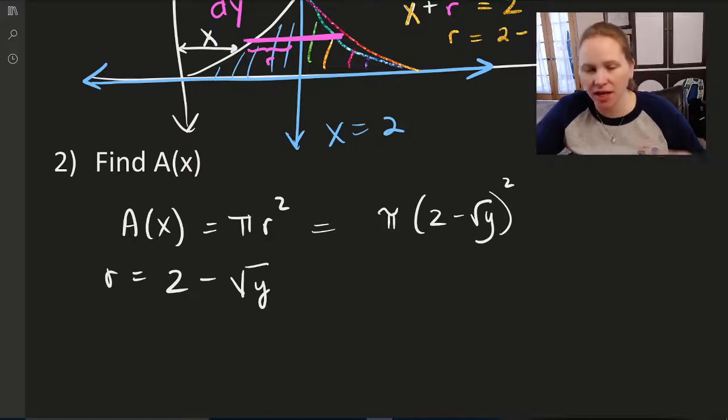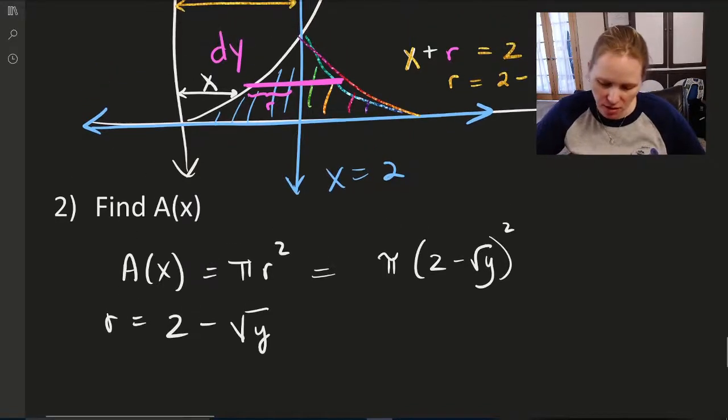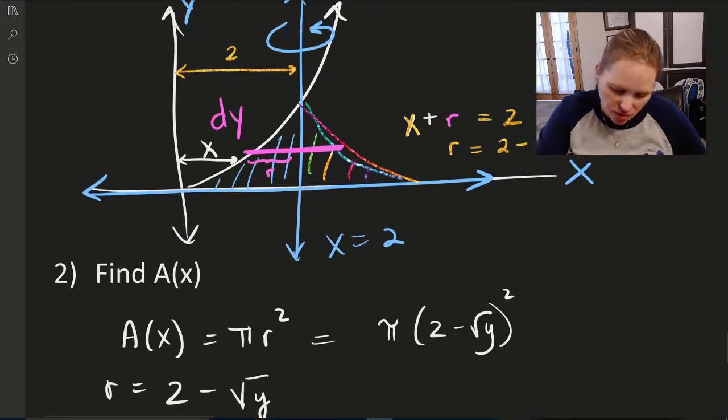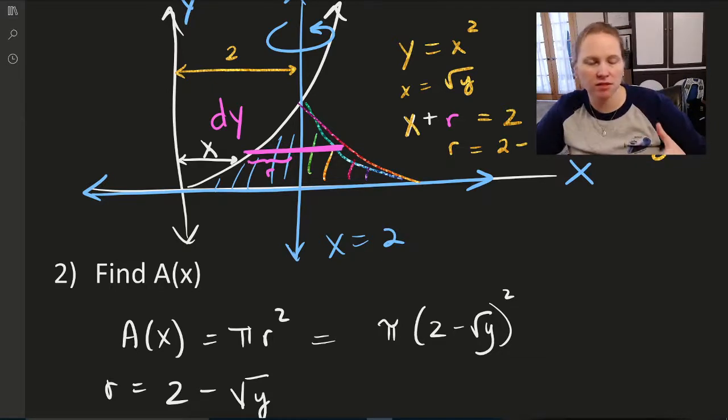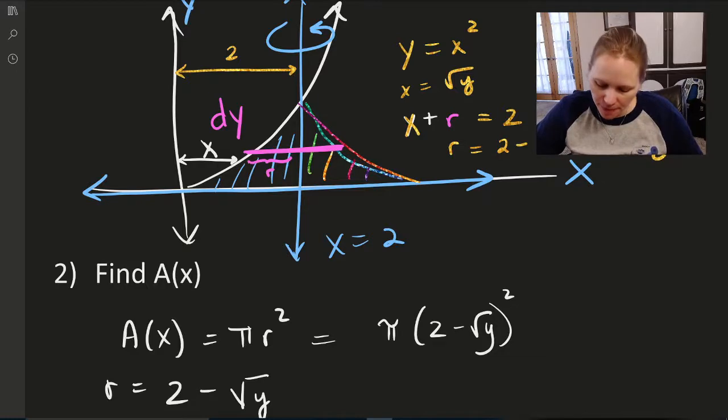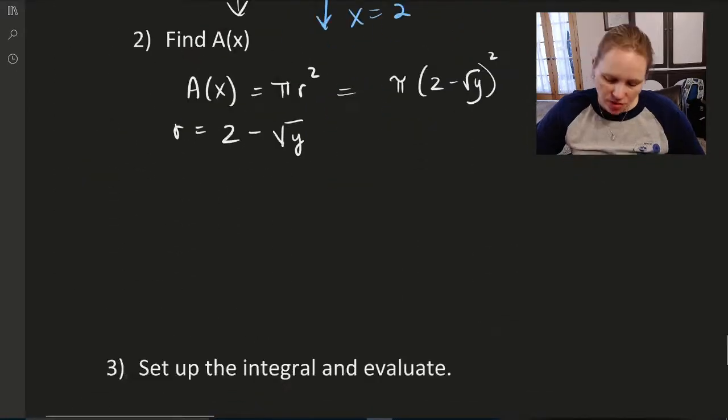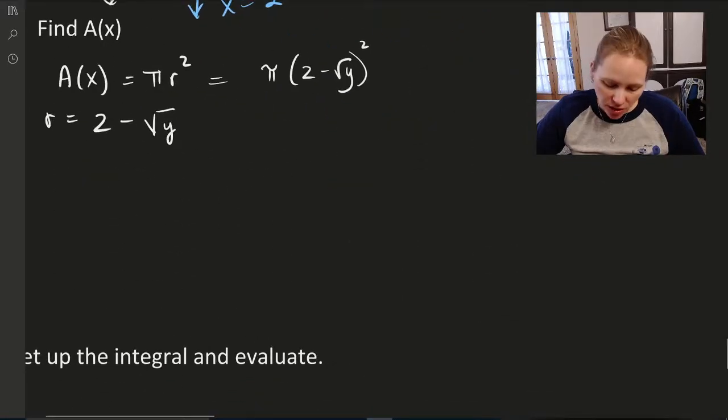And again, it has to be in terms of y because it's a dy setup. So up here, 2 minus the square root of y, because y was x squared, so x equals the square root of y. This is where this is coming from. So x is always the distance, but because it's a dy setup, I need to find x in terms of y. So now I'm ready to set up my integral and solve it. So let's do that.